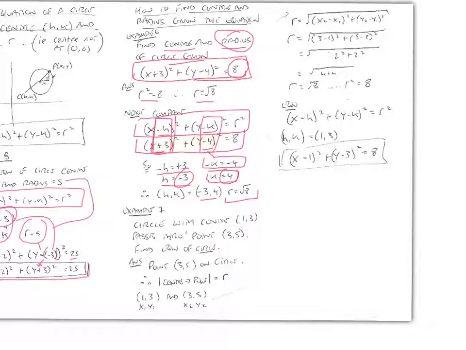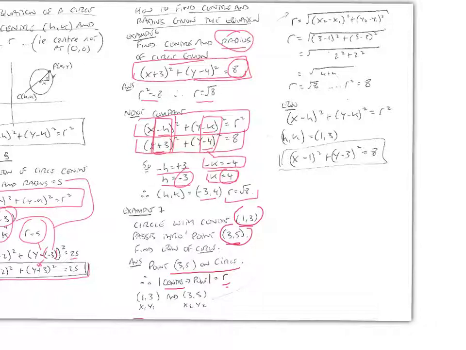Okay, circle with centre (1, 3), passes through the point (3, 5), find the equation of the circle. Okay, so the circle passes through the point (3, 5), so the point (3, 5) is on the circle. So the distance from the centre, which we know, to the point must be equal to the radius.